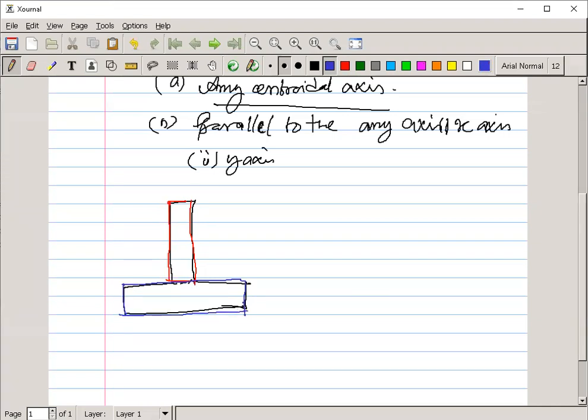And to do this calculation, consider any portion. Suppose this portion is taken as O1, parallel axis.